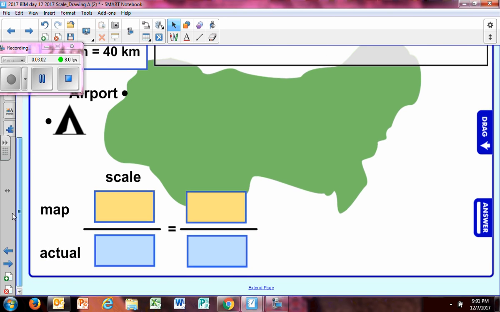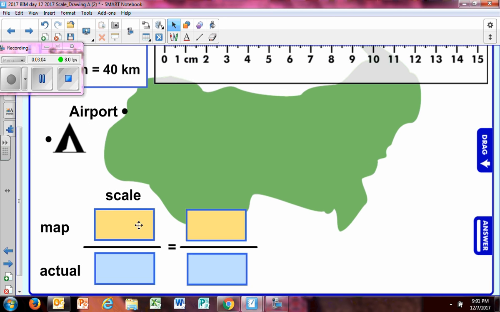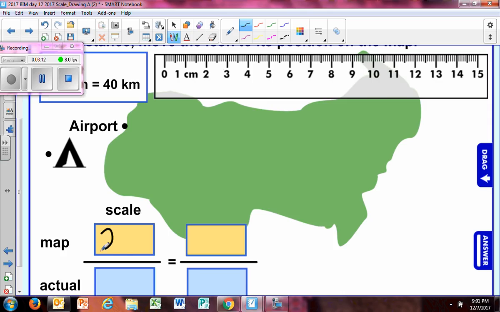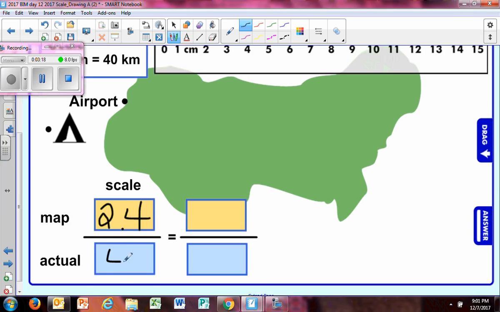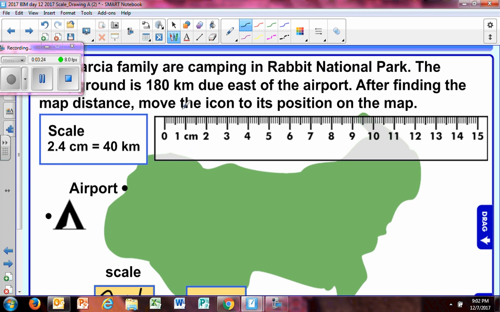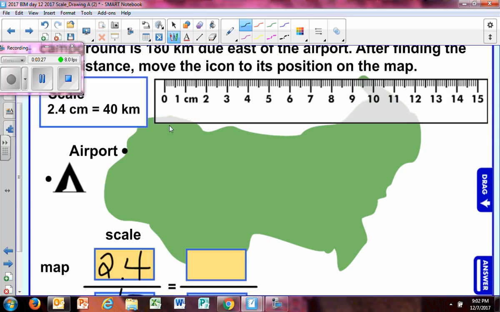So when I write my ratio for the scale, and I'm going to write this in with my pen here, 2.4 on the map goes on top, and then on the bottom the actual is 40. Now in the problem, what are they giving me? They're giving me the actual, which is 180.